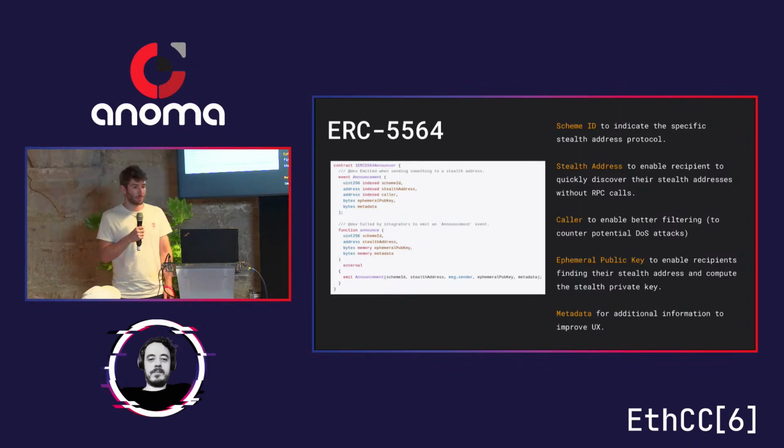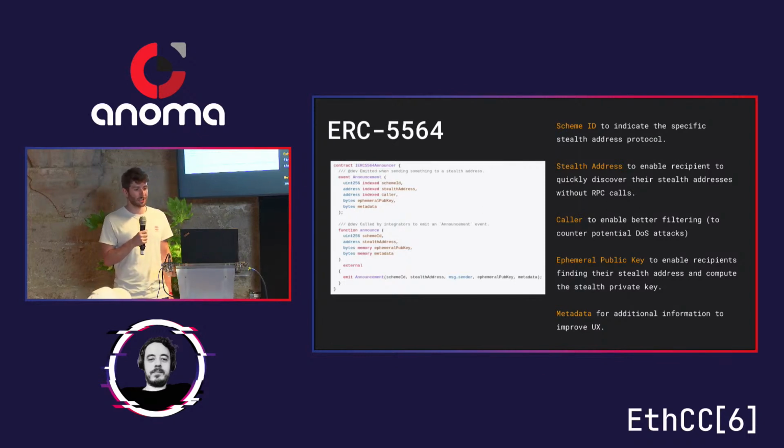And we do so by using a scheme ID. In the scheme ID, we specify which exact protocol was used. For example, scheme ID number 1 could be the SECP256K1 curve. Scheme ID number 2 could be some lattice-based cryptography stealth address protocol.